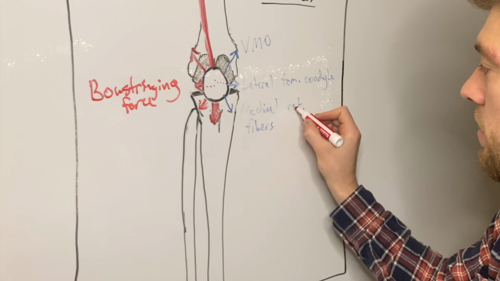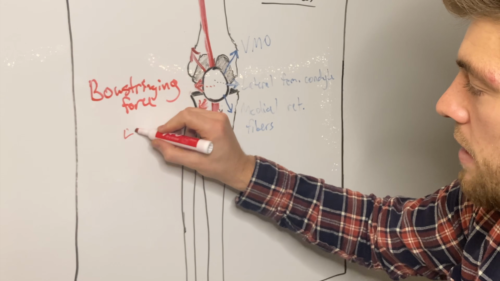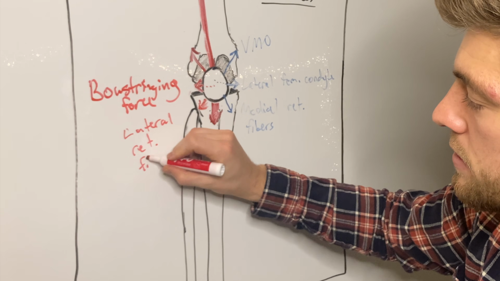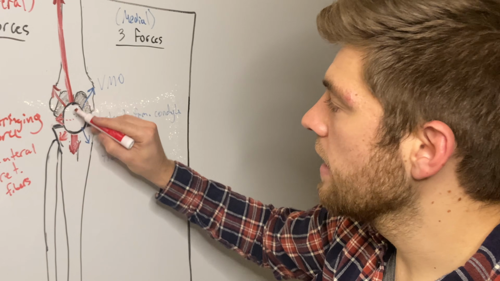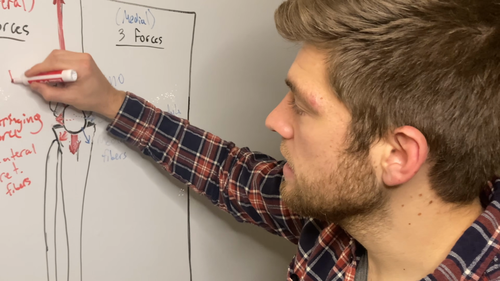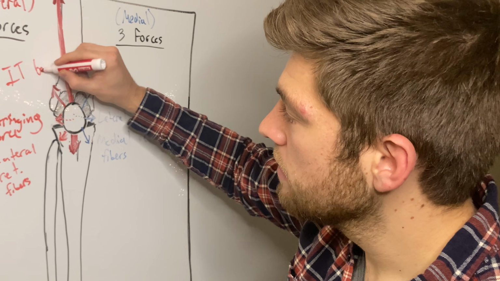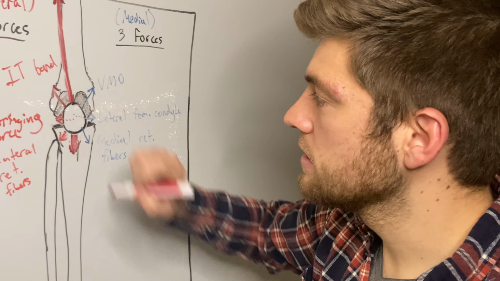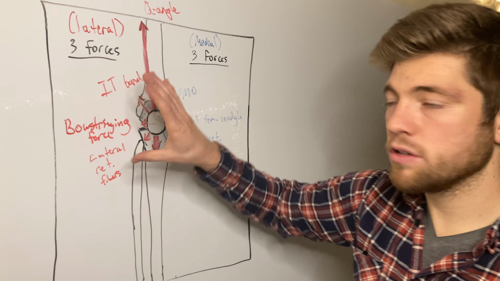Opposite of the medial retinacular fibers, we have lateral retinacular fibers. And then the force that's pulling up and out is the IT band, because some of the IT band has fibers that go and attach to the patella. So these are the 3 forces on the lateral side.